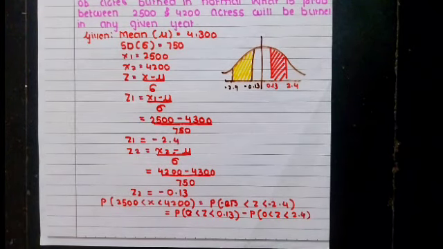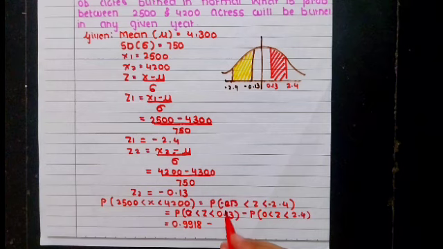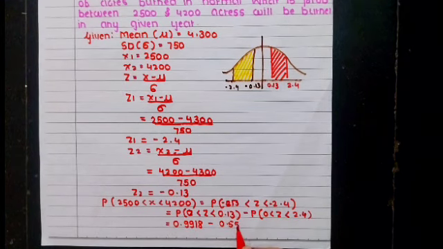In our z table, the value for the range between 0 and 0.13 is given as 0.9918, and the probability for the range between 0 and 2.4 is given as 0.5517.